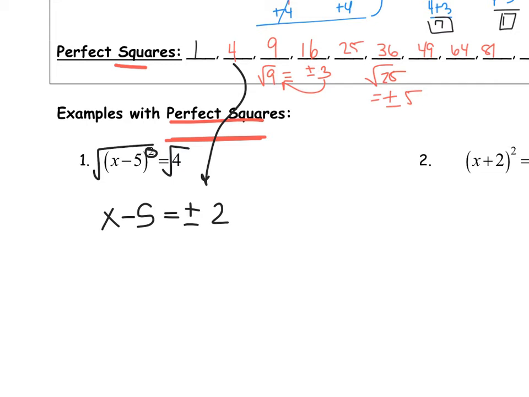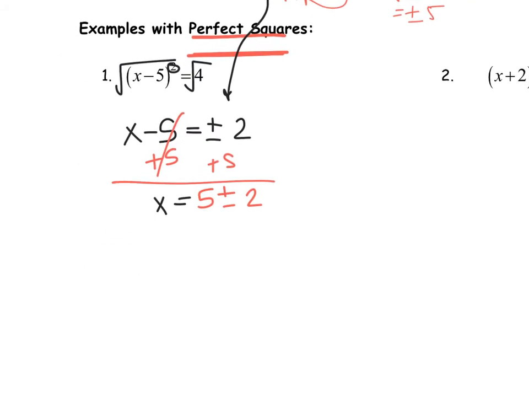The next step, to get rid of that minus 5, we add 5 to both sides. Remember, we always have to take into account that plus or minus. So add 5, add 5. My 5s cancel. So I end up getting x equals 5 plus or minus 2.